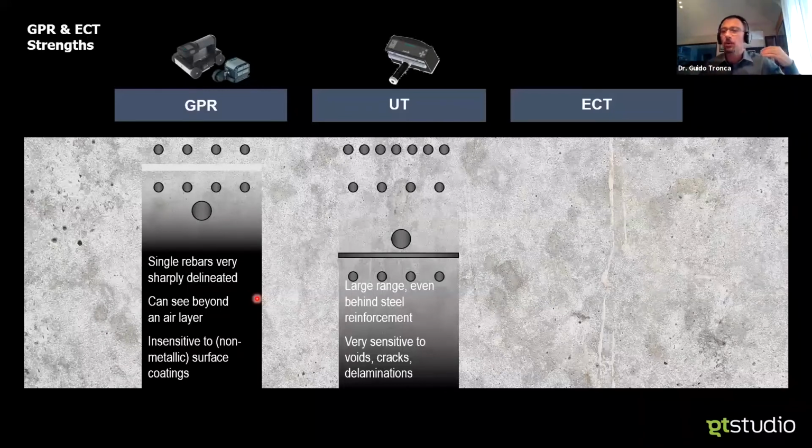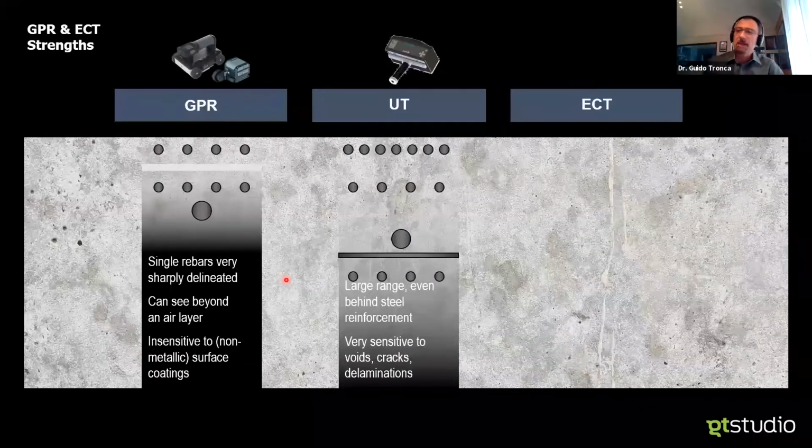You can even go past a metal plate and look for an interface behind. Its natural target is air. So everything related with air, may be the geometrical end of the object, may be the smallest delamination, may be an air pocket, a honeycomb, it will be a natural target for ultrasound.